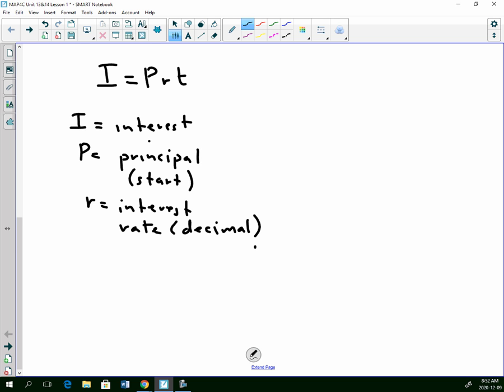And R is always a decimal, okay? And T is time, and that's always in years.